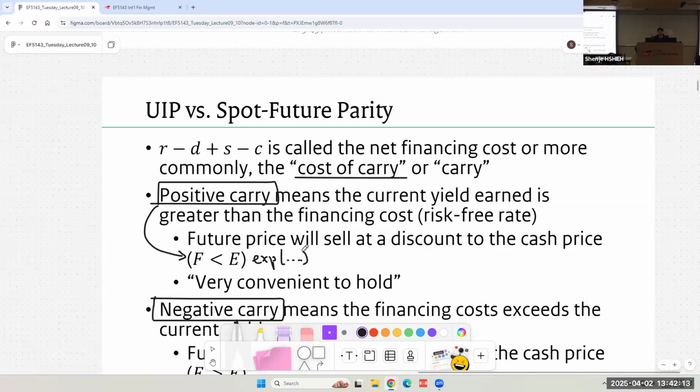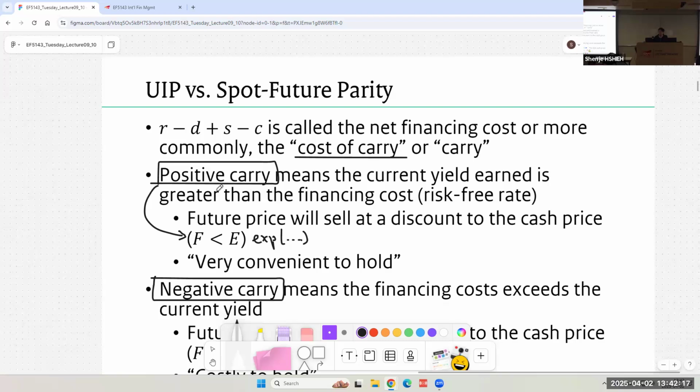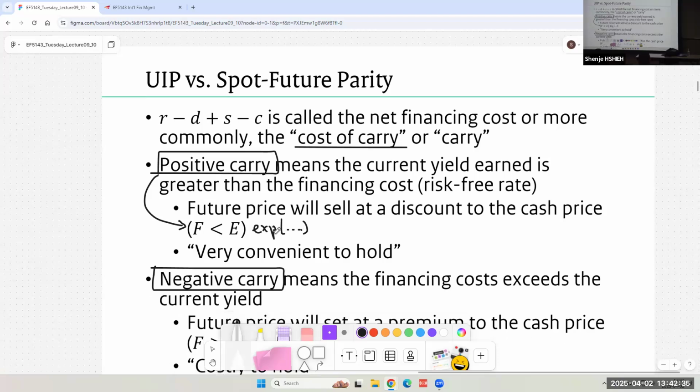There's a big convenience to holding on to the underlying asset, and therefore it has a positive carry. So there's a positive benefit for holding on to the underlying asset. Lots of dividend payments, or maybe gold. Gold has a convenience because it's very, very liquid to sell, etc. And therefore, F is less than E.